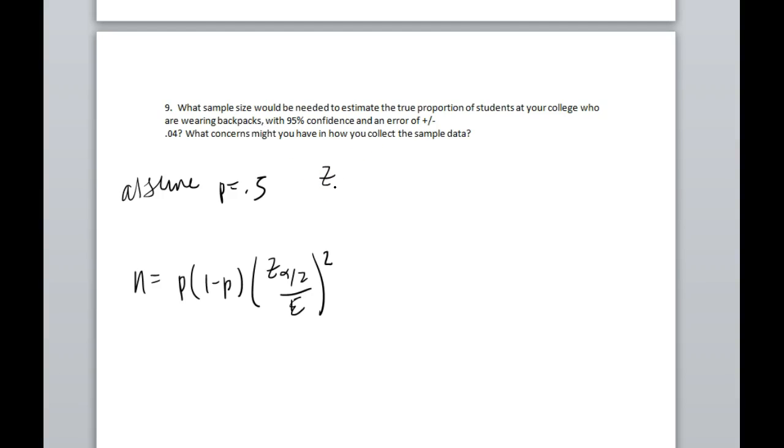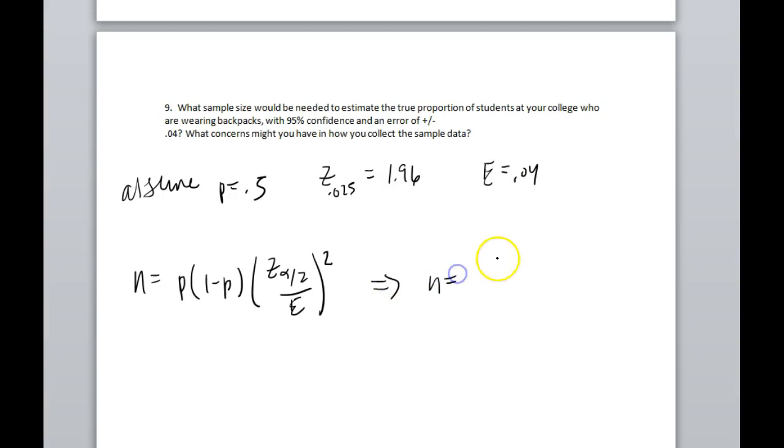So 95% confidence would just be the z of 0.025, right? Because alpha is going to be 0.05 in that scenario, and so then alpha half is 0.025. So this z is going to be the 1.96 that we're used to using now, and the E is given to us, so it's 0.04. And it looks like we have all that we need in order to solve our problem.